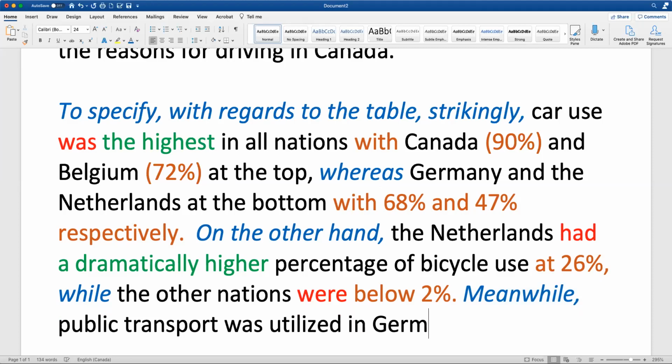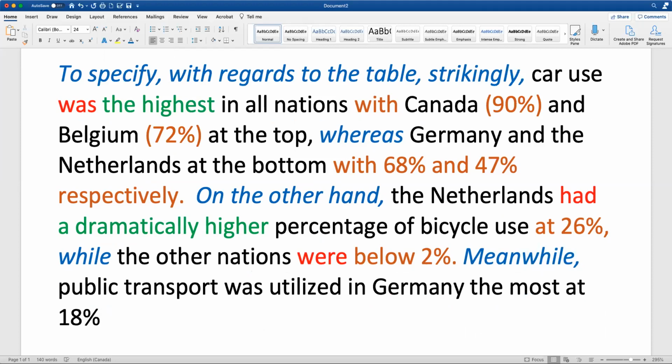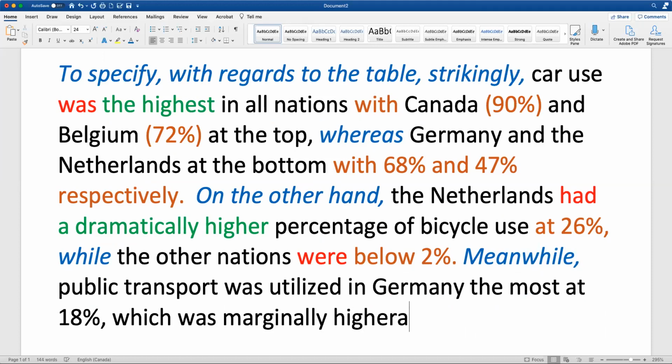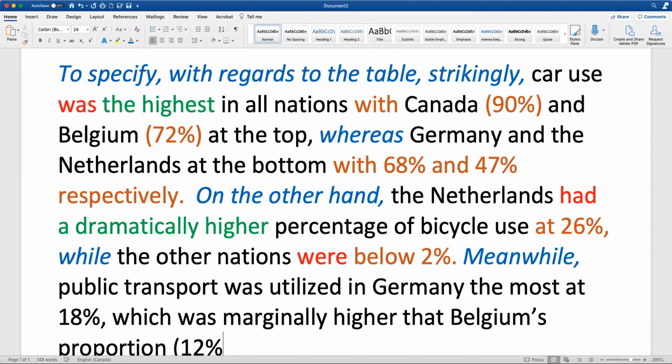Public transport was utilized in Germany the most at 18%. Marginally. Then 12%.